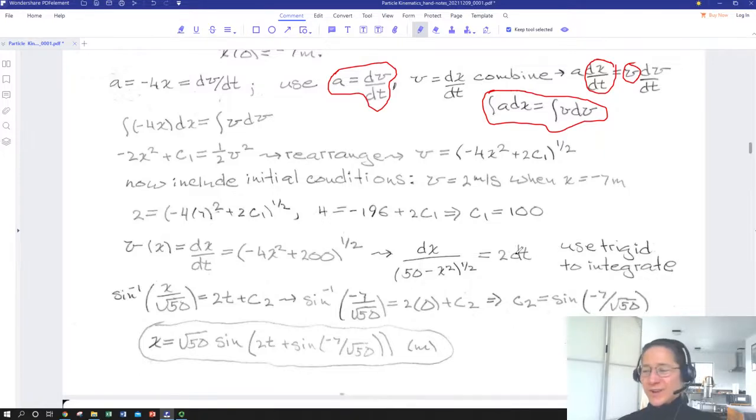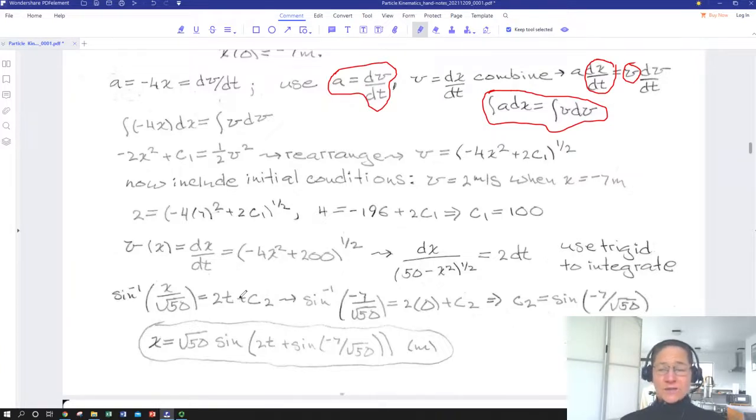You won't need to over on this side. That'll just be 2t plus a constant. But regardless, using an integral table, I found that the integral with respect to x of 50 minus x squared all to the -1/2 was inverse sine of x over square root of 50. And of course that equaled the integral of the other side.